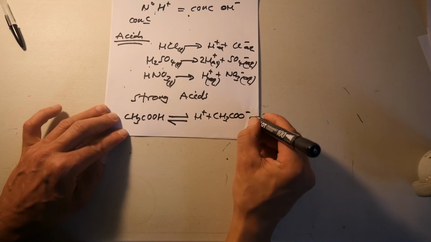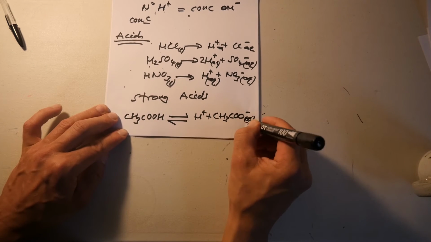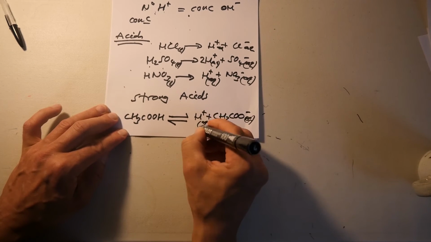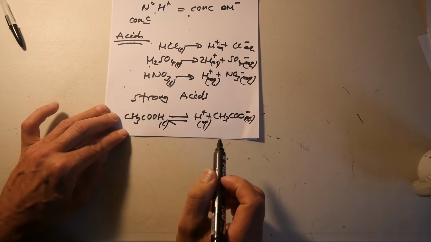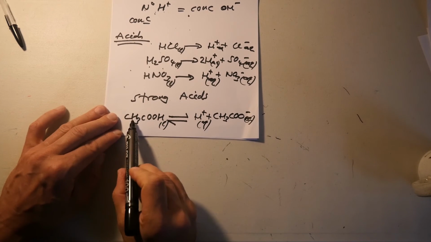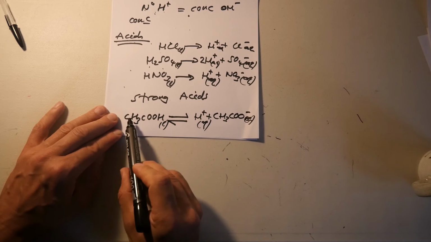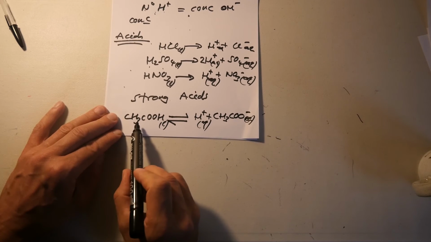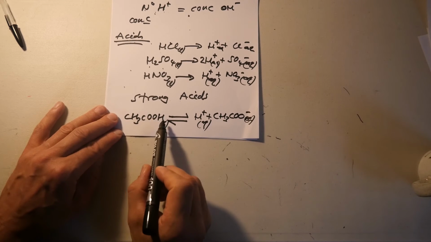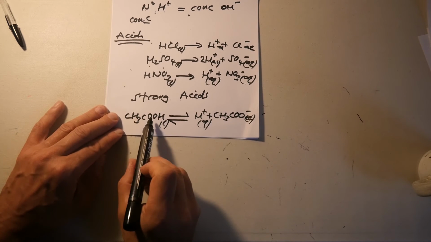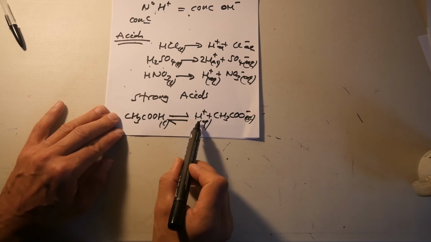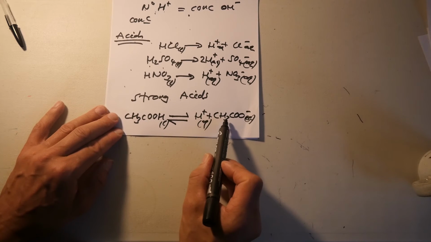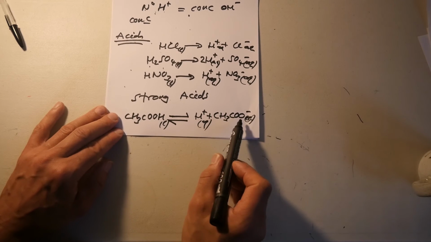So that's again aqueous liquid, okay, so the hydrogen, the proton comes off this, so you get the ethanoic acid. This applies to methanoic acid, propanoic, butanoic, pentanoic, hexanoic acid, and so on. It partially dissociates into hydrogen ions and the ethanoate ion.